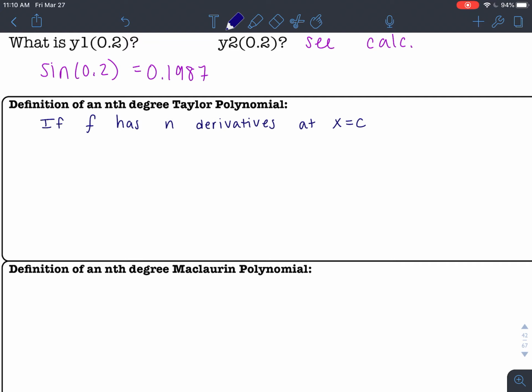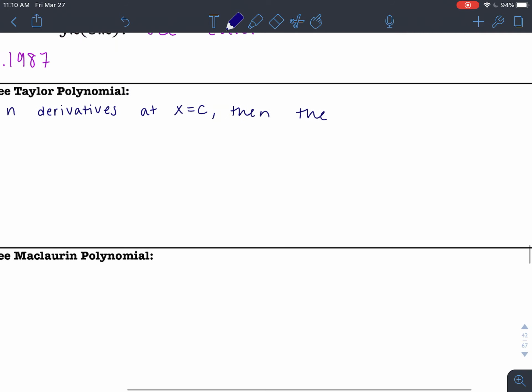So this is going to be really great for functions like sine, cosine, tangent, natural log, e to the x, where you can keep taking derivatives forever and ever, and they never zero themselves out.